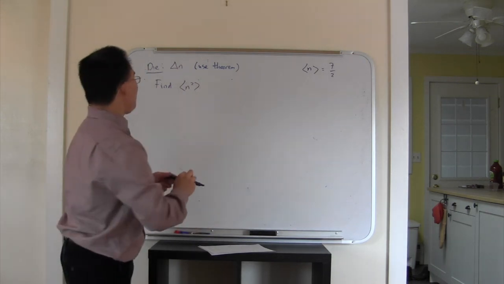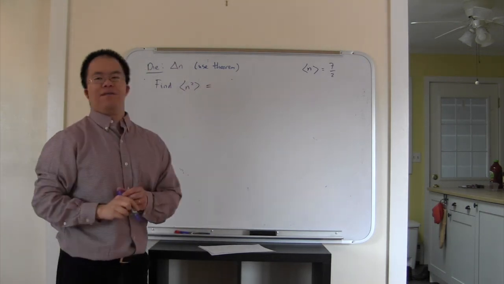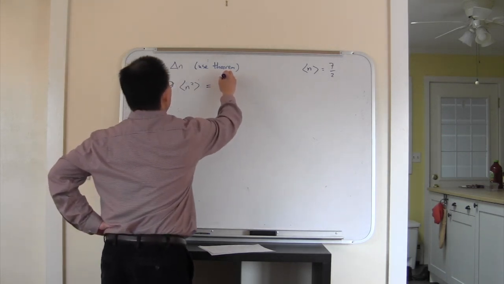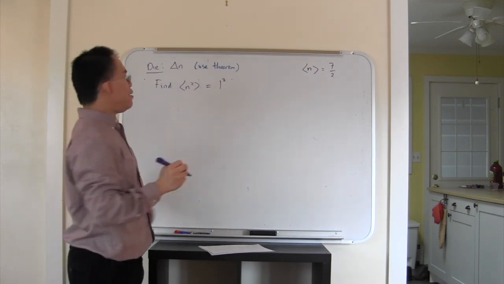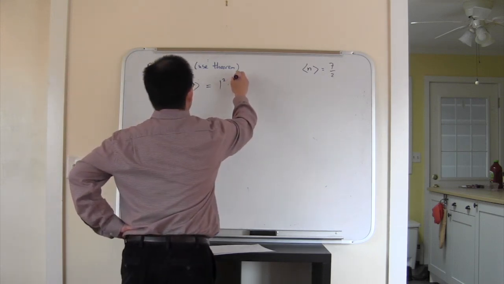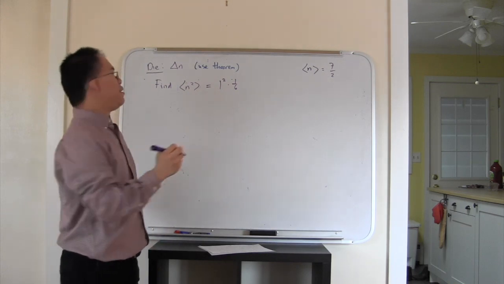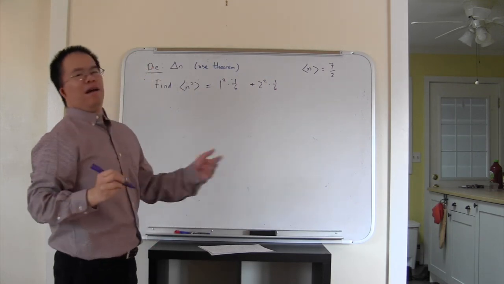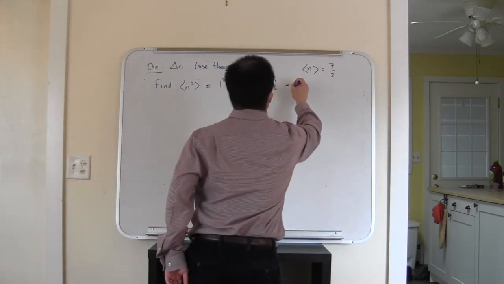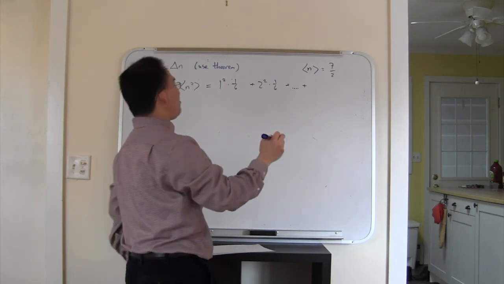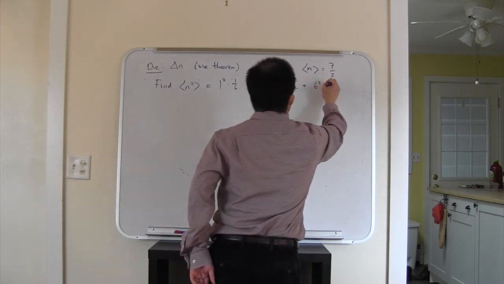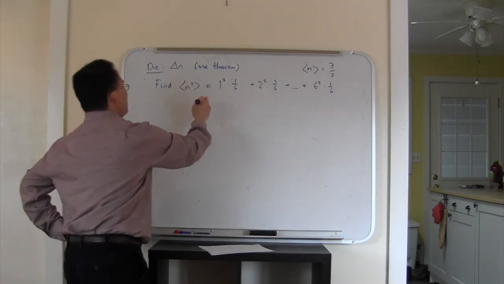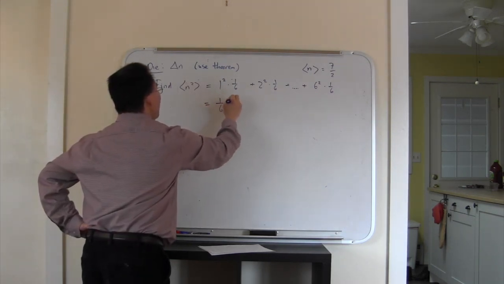And again, applying the definition of an average value we talked about, that's going to be 1 squared times the probability of 1, which is 1/6, plus 2 squared times the probability, and I won't write out every single term, plus dot dot dot, and the last term, of course, is 6 squared times 1/6. Again, we have the same probability of 1/6, so I can factor that out.